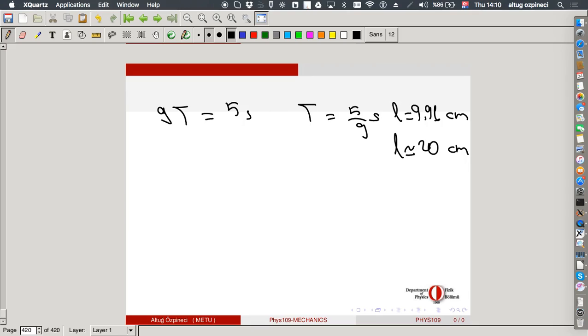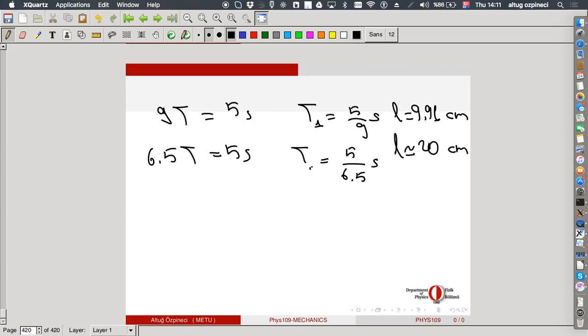You will repeat the same thing. 5 seconds. Okay, 6.5 periods is equal to 5 seconds, so one period is 5/6.5 seconds.